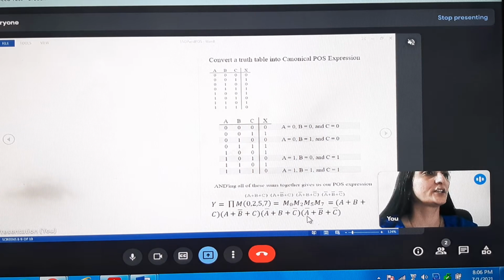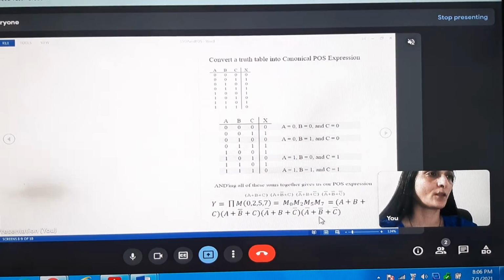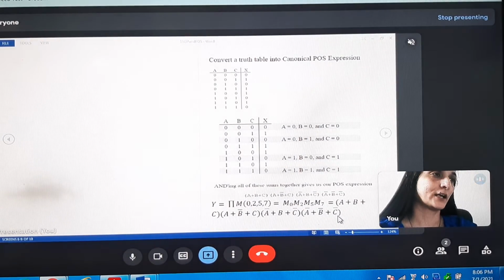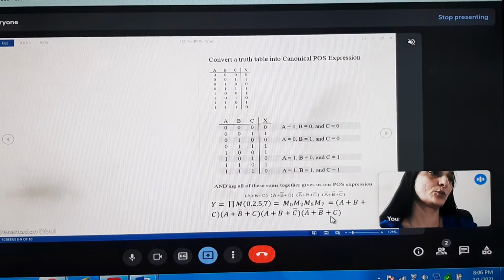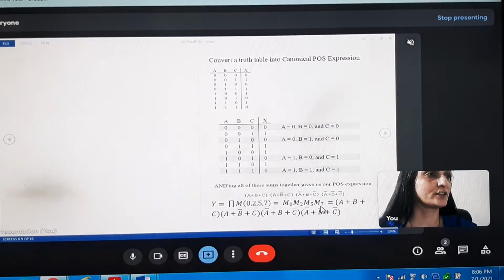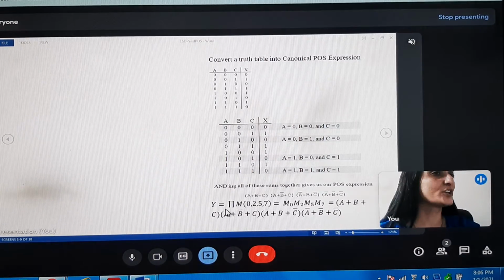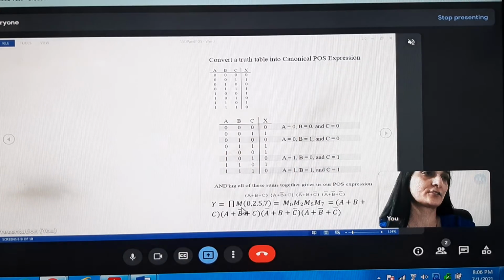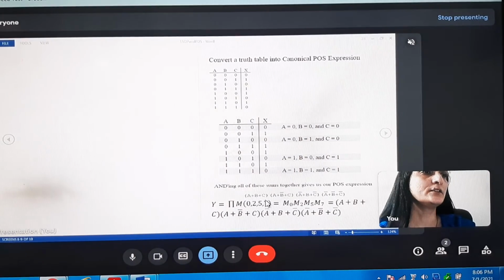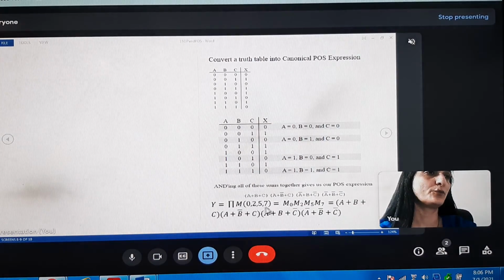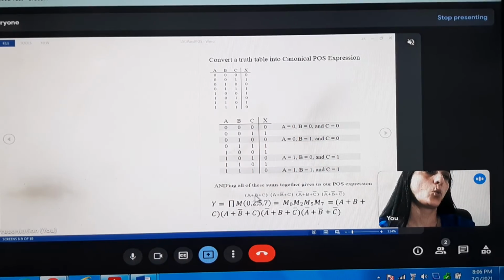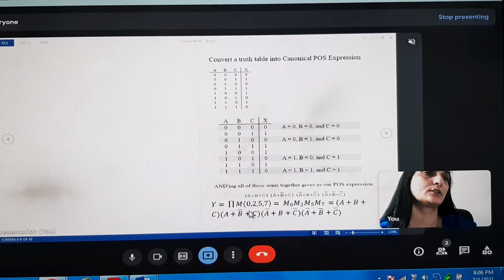The decimal code for the binary pattern 1, 1, 1 is 7. So we can write it as M0 dot M2 dot M5 dot M7, or there is one more way. Write the product sign, then capital M denoting the max term, then the subscript 0, 2, 5, 7, or you can say the rows where the output is 0.